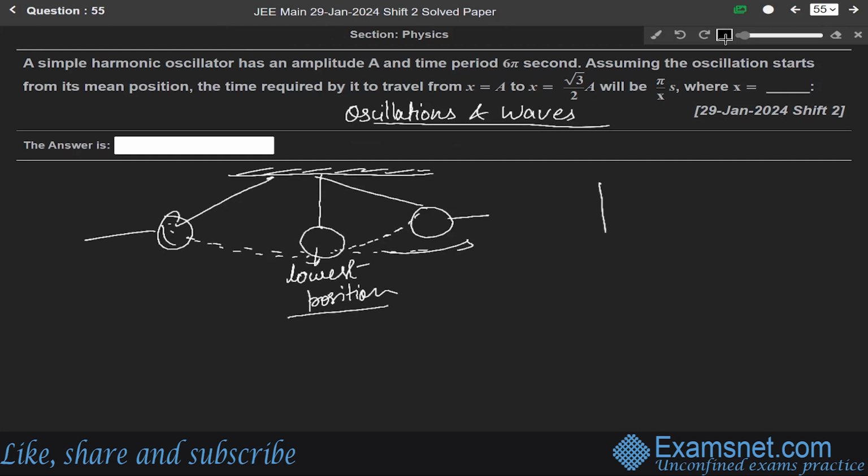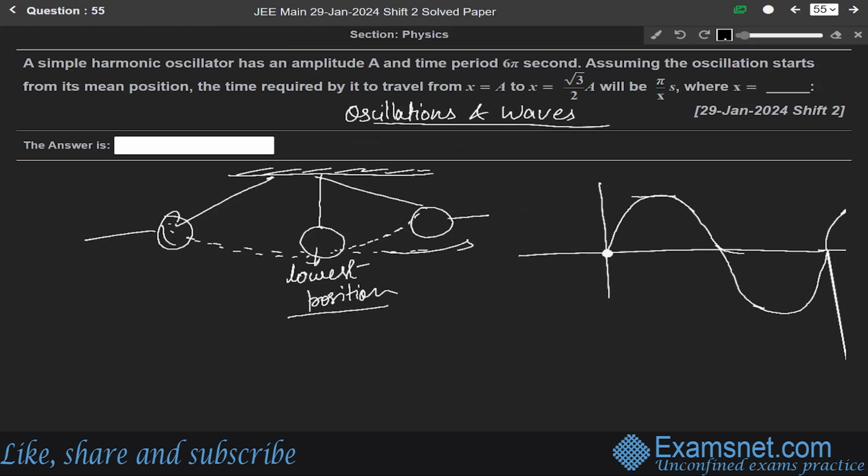Let us say at t equals to 0 second, the simple harmonic motion starts from the origin, then it goes to its extreme position, then comes back to the lowest position, then again goes to its extreme position, then comes back to its lowest position. So like this, it does simple harmonic oscillations. So this is the sinusoidal wave. If it starts from the origin, it is a sine function.